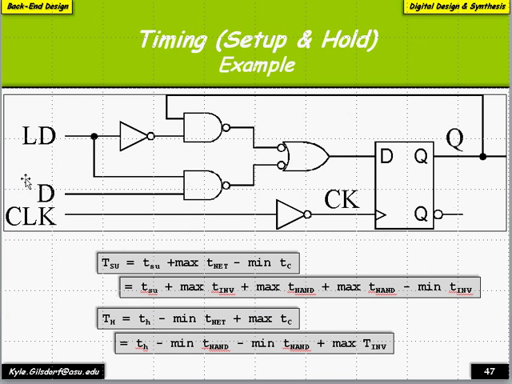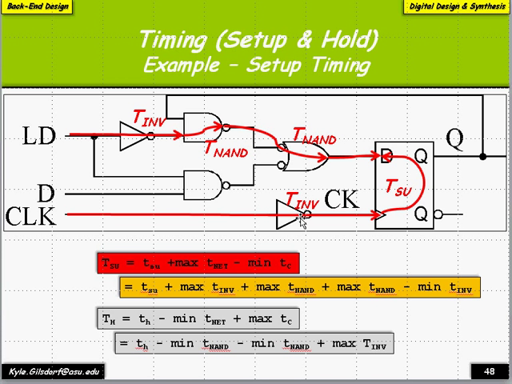So again, we're looking at the worst case that might cause us the most problems. Let's take a look at a simple example here where we're looking at a simple network of gates, a clock buffer, and actually it's not just a buffer, it's an inverter. Let's figure out how we actually go about determining the hold and the setup. The setup timing would be done by taking the longest combinational logic path.